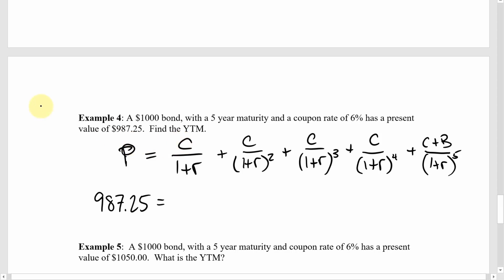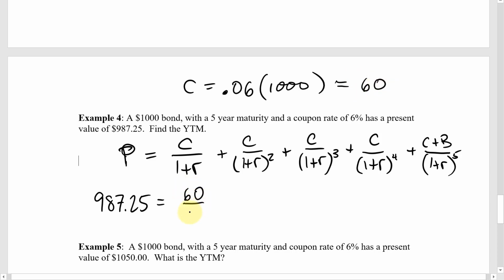So let's see, those are all going to be 6%. So I need to figure out 6% of the $1,000. This is the regular coupon payment. So that's actually $60. So $60 payment. And this is a place where it's just easier to go just to X. Right? We'll solve for R after we get the value of X. So these $60 payments every year, we're computing their present value and setting it equal to what the total present value is.